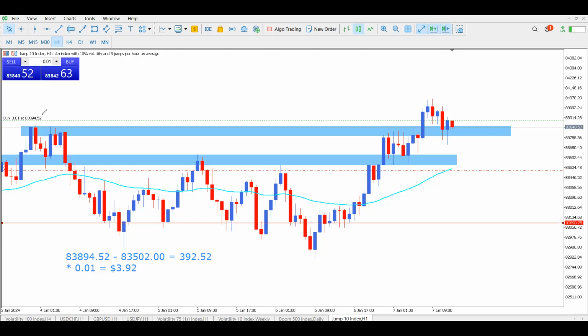Simply, we'll go back to the older states: the pips or points times the lot size will give us our risk per trade. So now this is the formula. How do I then get the lot size, knowing fully well what amount I want to risk on a trade?